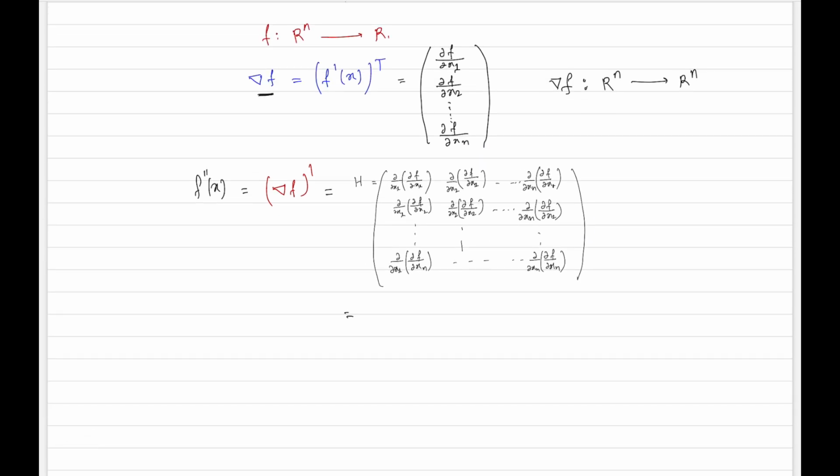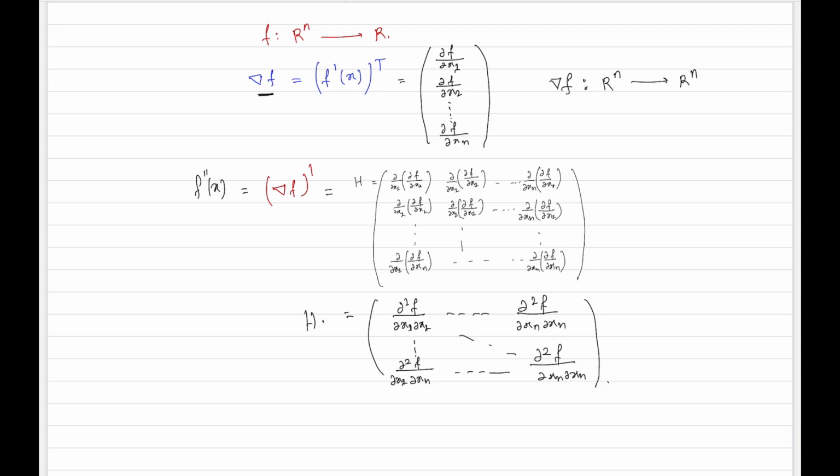So this Hessian can be written as del square f del x1 del x1, del square f del xn del x1, del square f del xn del x1, del square f del xn del xn.